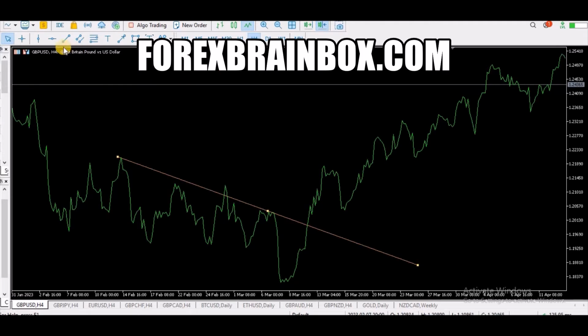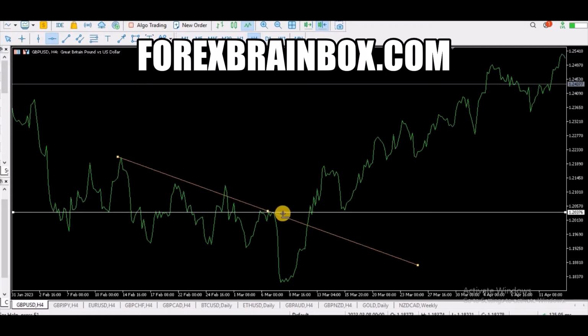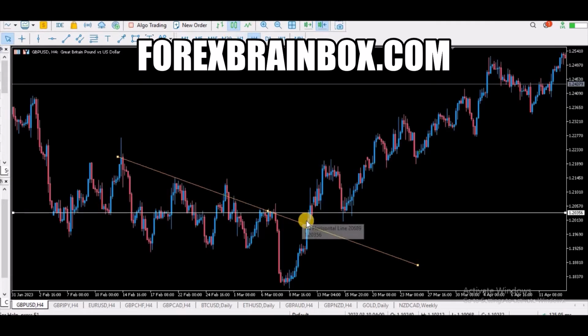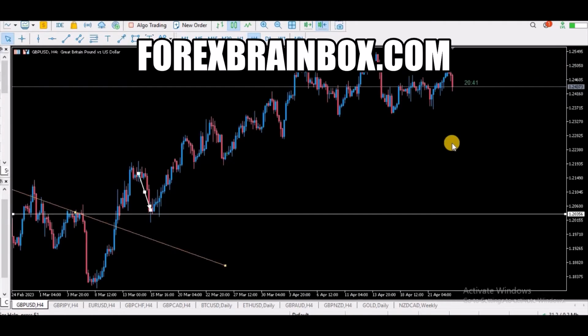So in this case, our horizontal line is going to be on this support level, giving us a key zone. So you can see price, after it broke through the trend line, broke through the horizontal line, there was a retest right here on the line, and market went all the way.